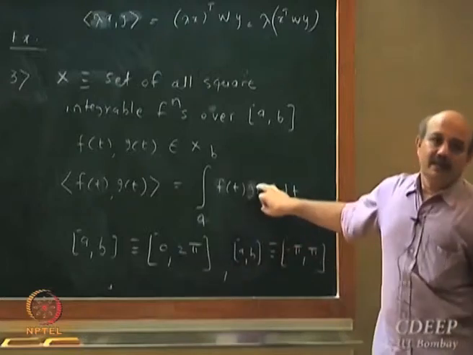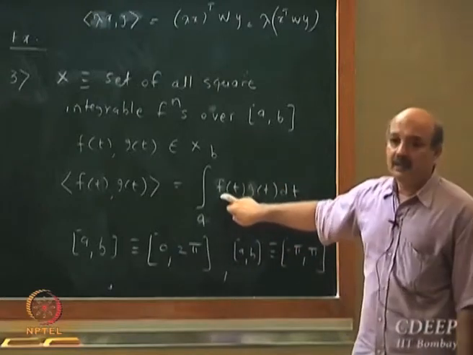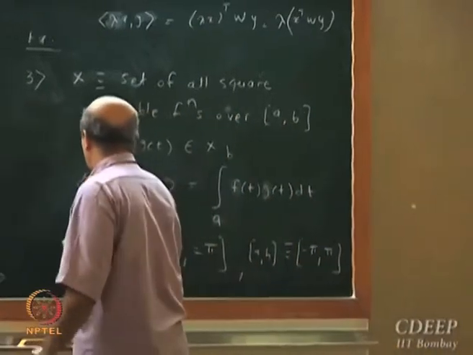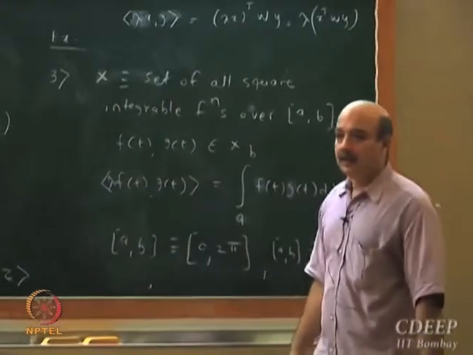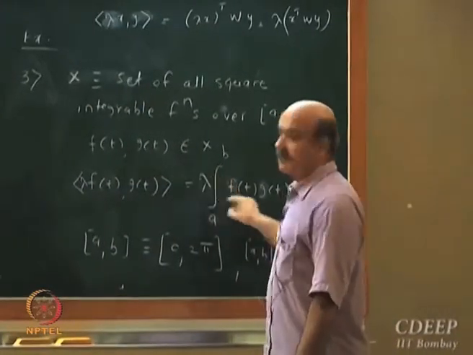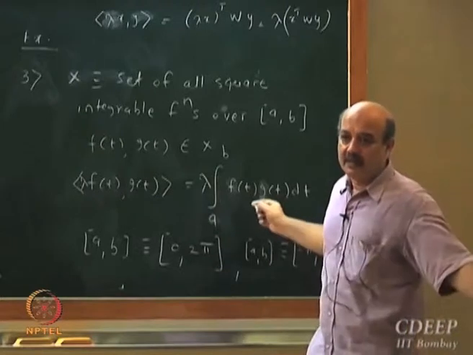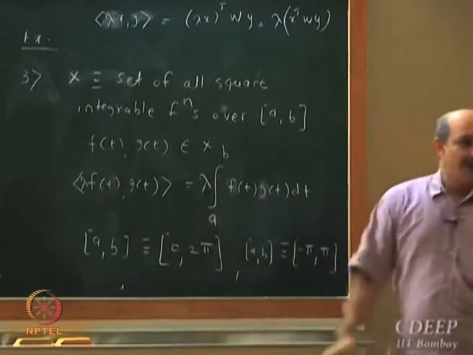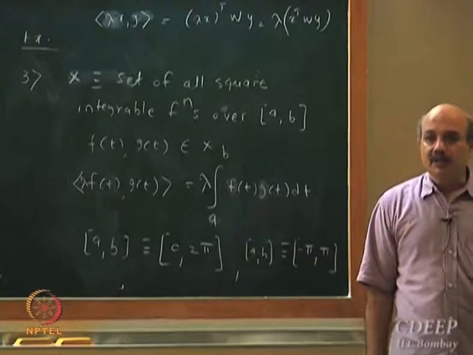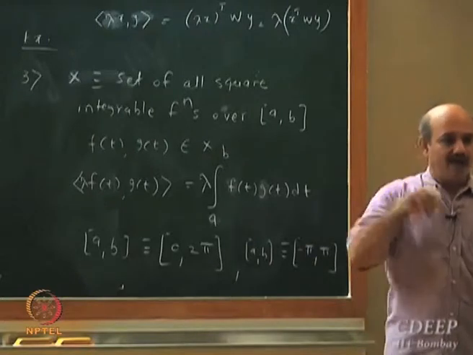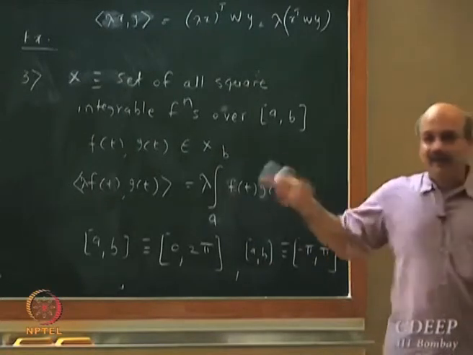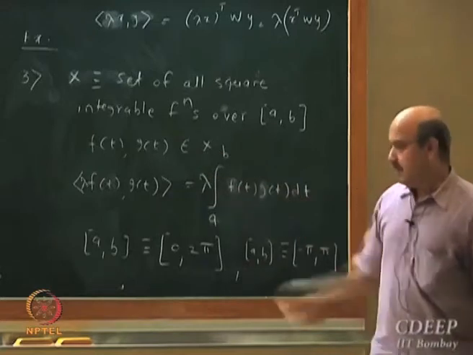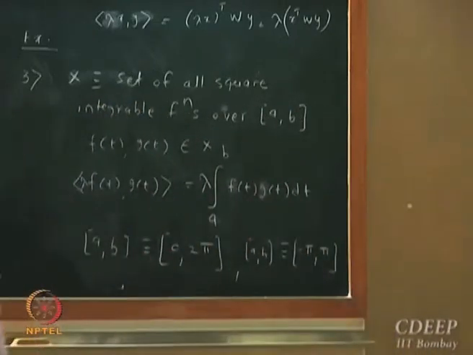If I multiply f(t) by some lambda, what will happen to the integral? It will be lambda times the integral, right? The second property is satisfied. What about distribution? If I take f plus g inner product with some h(t), very obvious, right?